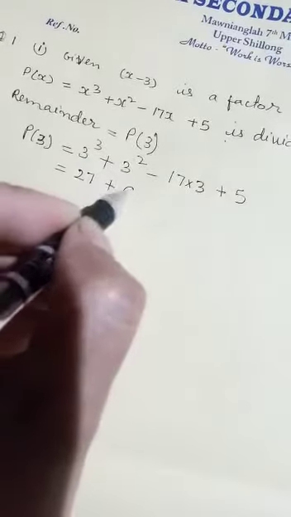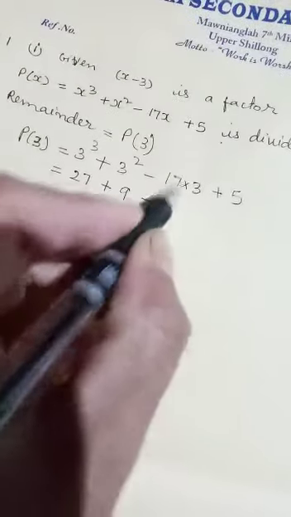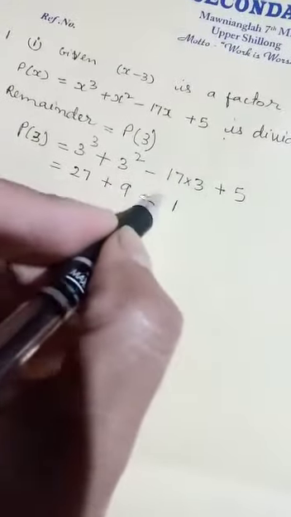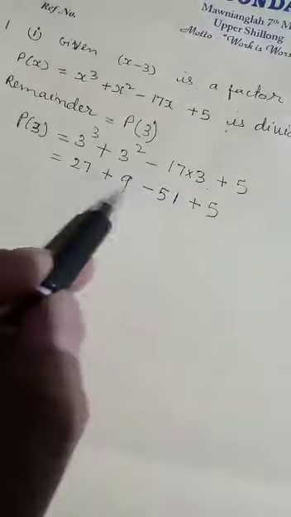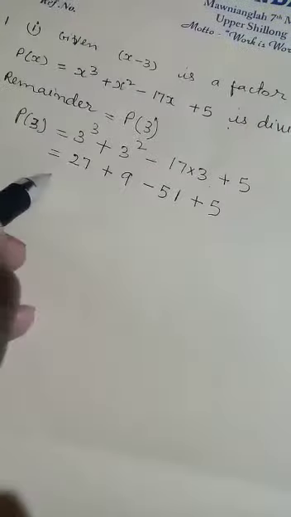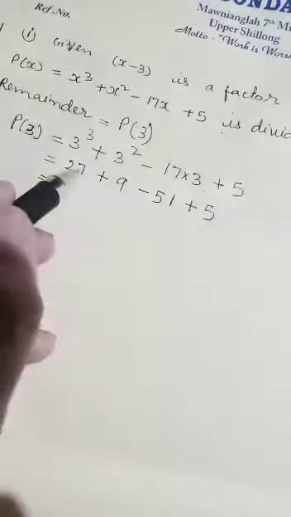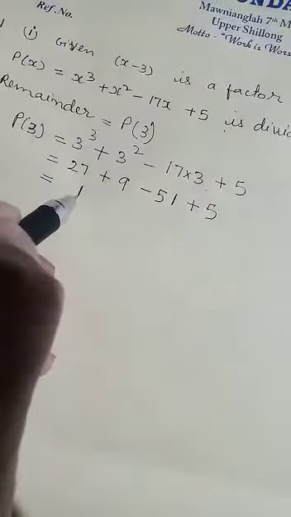Plus 3 into 3, 9. 3 into 17, 51. Plus 5. How many plus are there? 27, 9, and 5. So let us add them together. 9 plus 7, 16. 16 plus 5, 21.